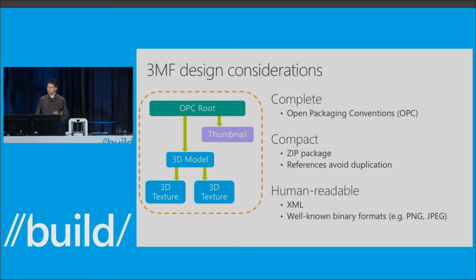And then we also decided it was important at the end of the day that this be a human-readable format. Looking around at what formats have really been adopted well, this turns out to be important. I mean, you know as developers that you need the ability to actually go through and error check and debug, and dealing with a giant binary blob is a huge problem. By using XML internally, we make this format largely self-documenting.